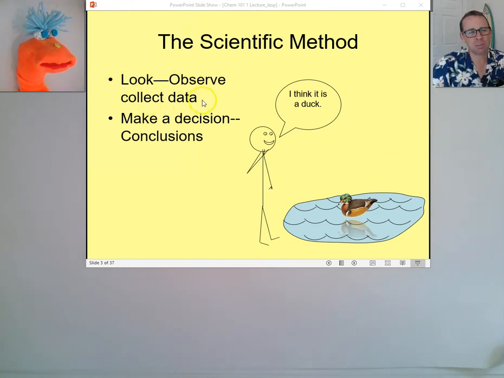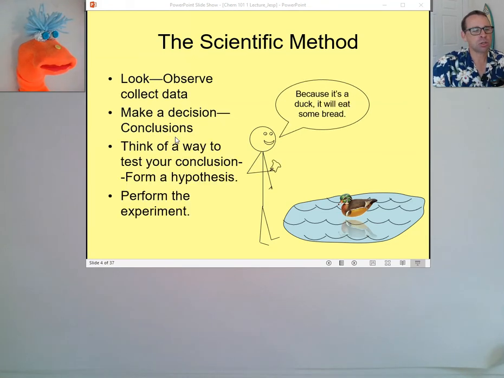So if you have some experiments that you've done already and you make some conclusions, your conclusions obviously might not be correct. It's what you're concluding based on what you understand. So those conclusions will prompt you to want to perform more experiments.